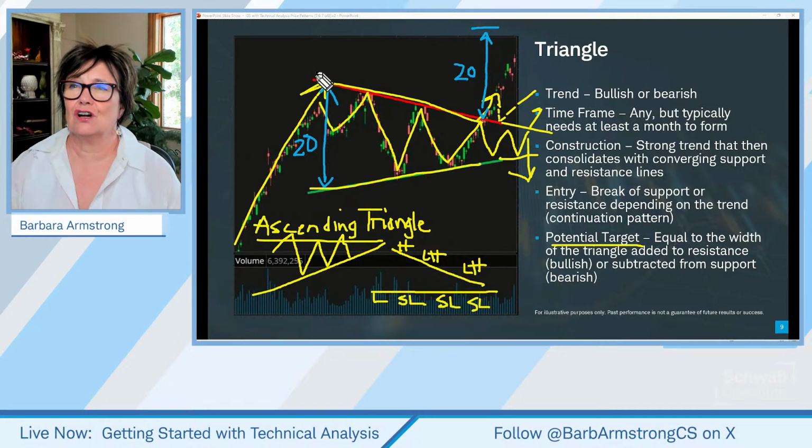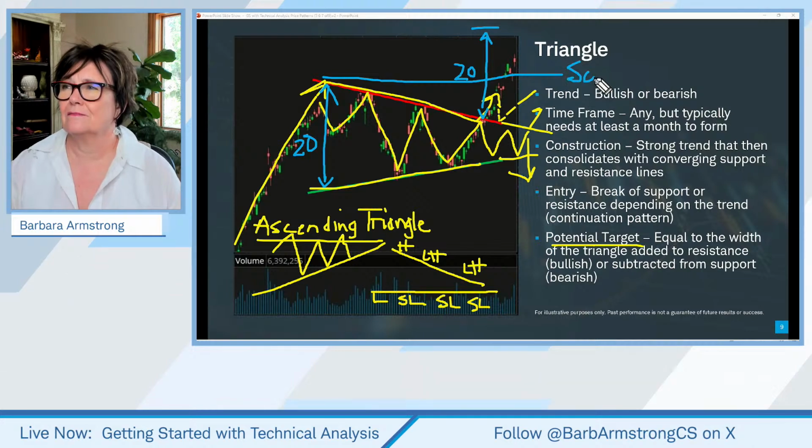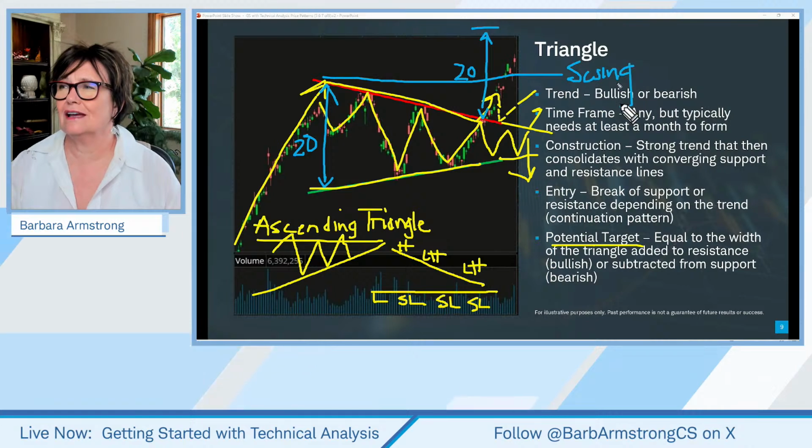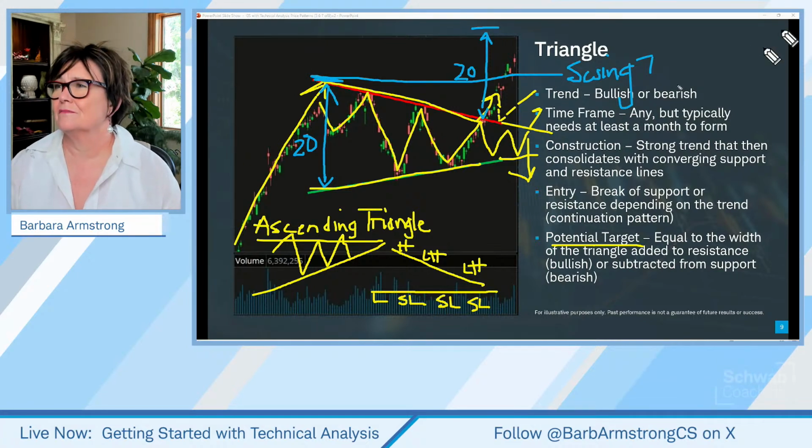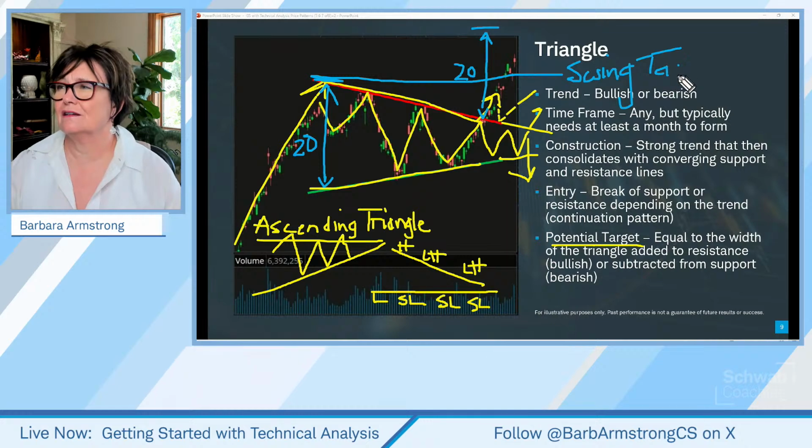Now, what could another target be? Well, something we call a swing target. And what is the swing target? The swing target is going to be the previous high. So it would be here. And that's a more conservative target.